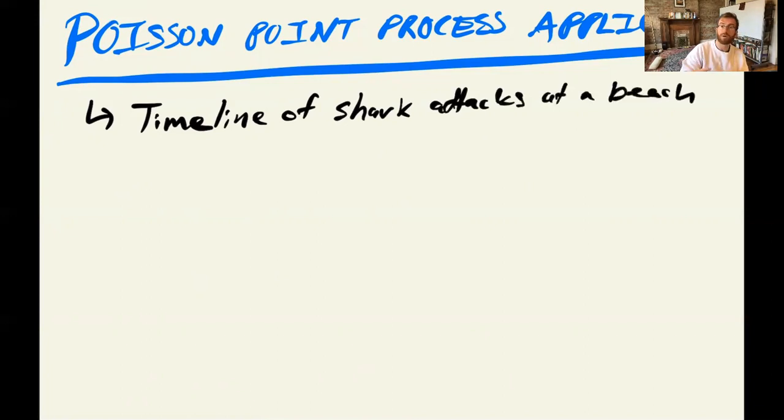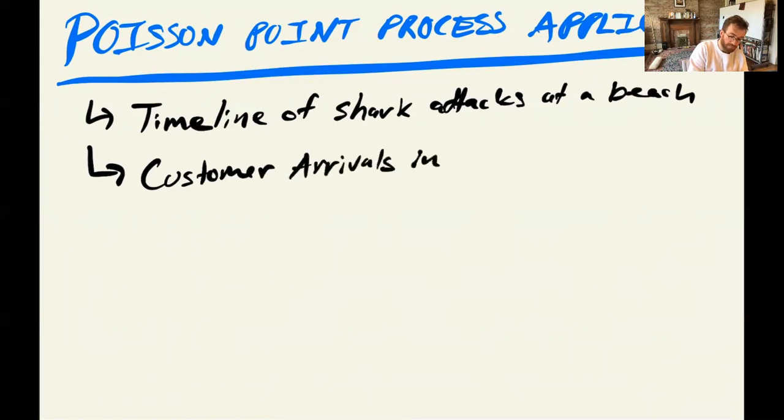Of course, we're worried about when the first shark attack occurs, but if we're trying to predict what the news is going to report, we'll want to also know when's the second and third and things like this. As I already alluded to, this is the kind of thing that models also customer arrivals in a shop.